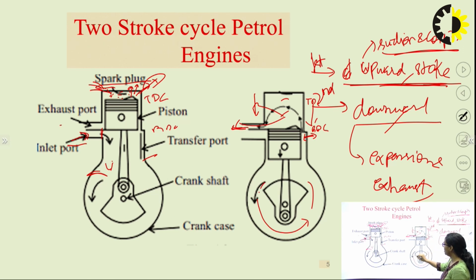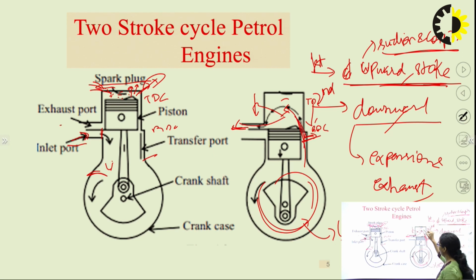So this compression is also called crankcase compression, and this is partial compression which is done in the crankcase. Now this partially compressed fresh charge is transferred to the combustion chamber through the transfer port by the movement of the piston when it moves downward. So the fresh charge is supplied by the transfer port.